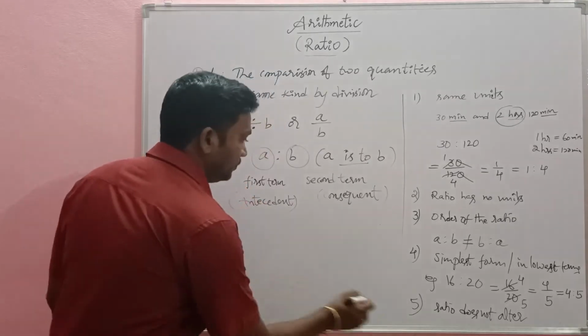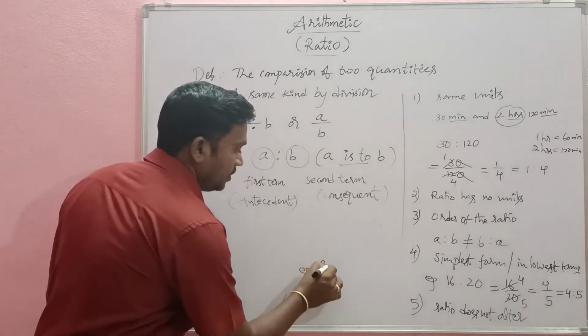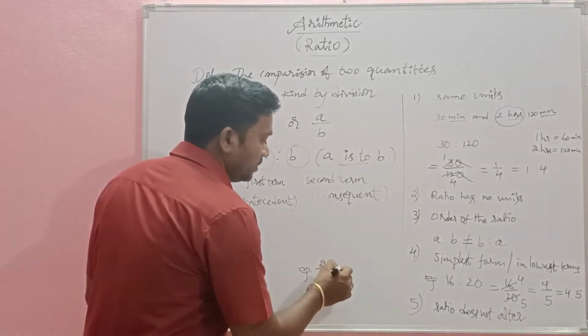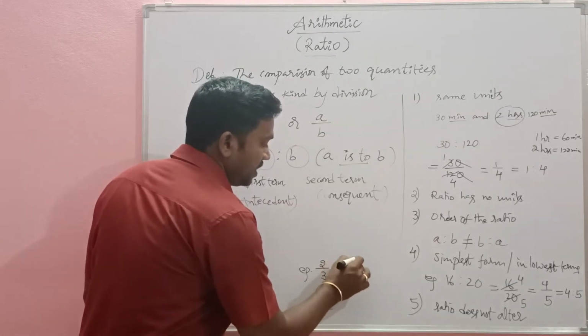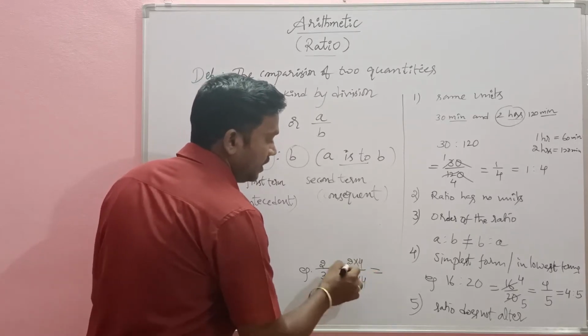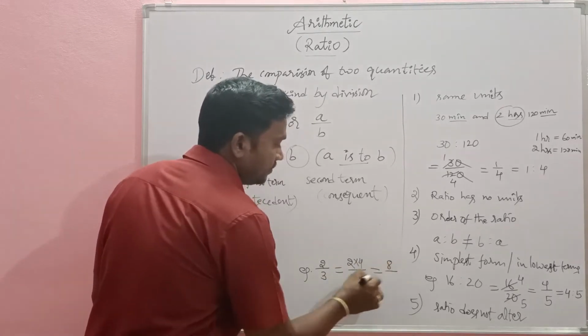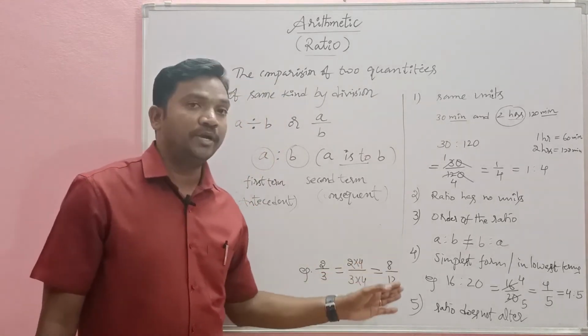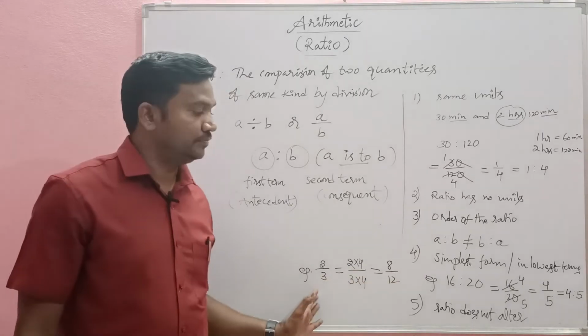So for example, 2 by 3. 2 is multiplied by 4 and 3 is also multiplied by 4. Then 2 4s are 8, 3 4s are 12. So 2 by 3 and 8 by 12 are both equal.